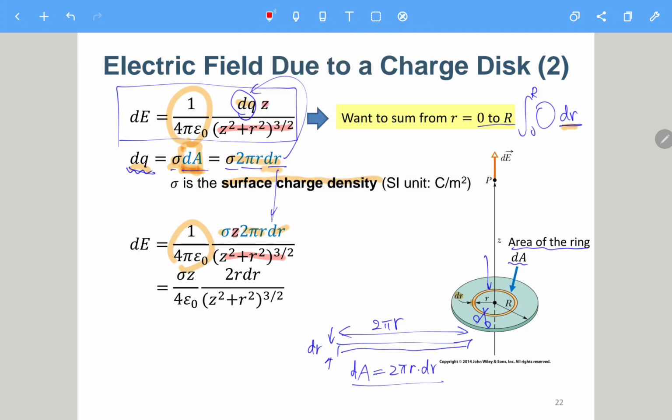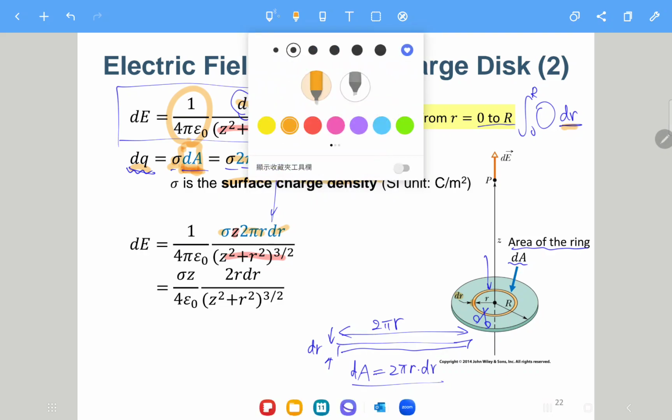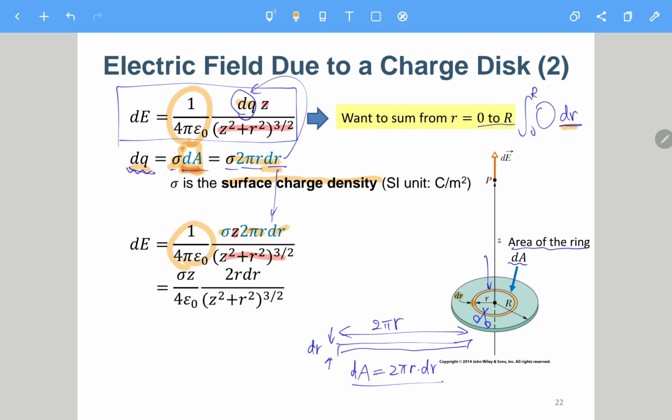Okay, so we can do some simplification. Let's see, the pi and pi cancel each other, and nothing else.